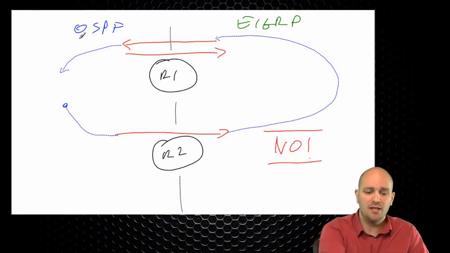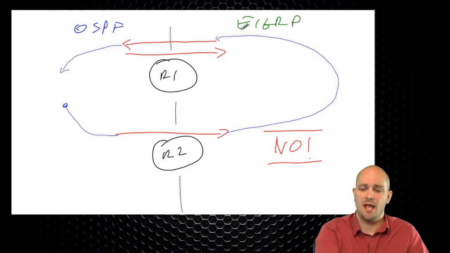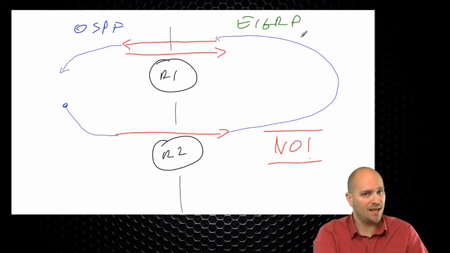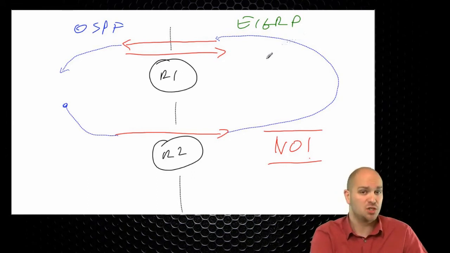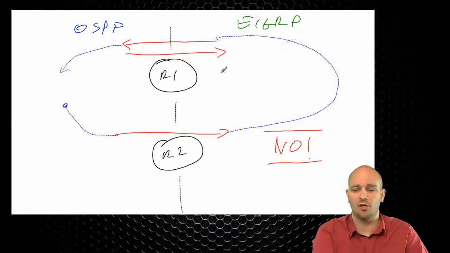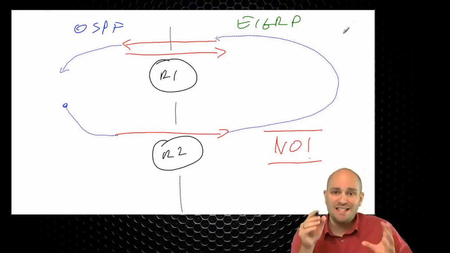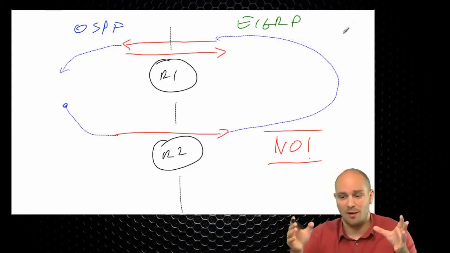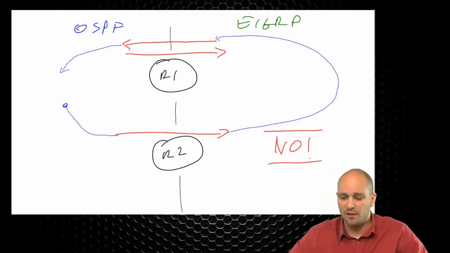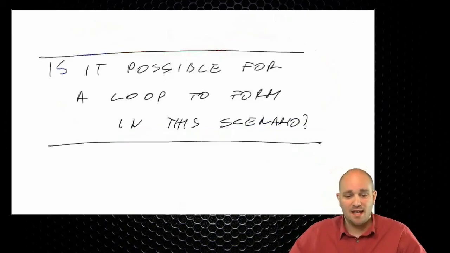Now, mind you, internal OSPF routes and internal EIGRP routes cannot loop in this case. This is only when you have some externally injected information. So if there was some external route here or external route here. But this is that danger that I was telling you about. The question is not, will the loop form? The question is, is it possible for a loop to form?